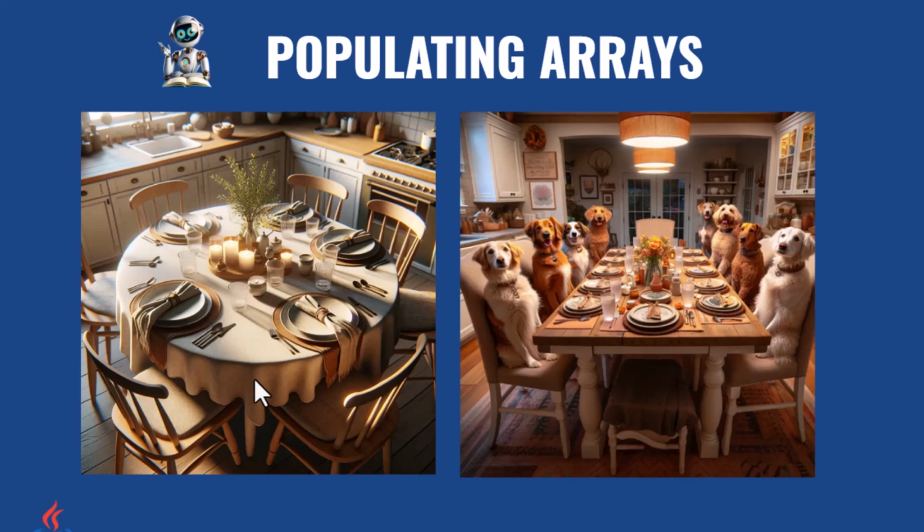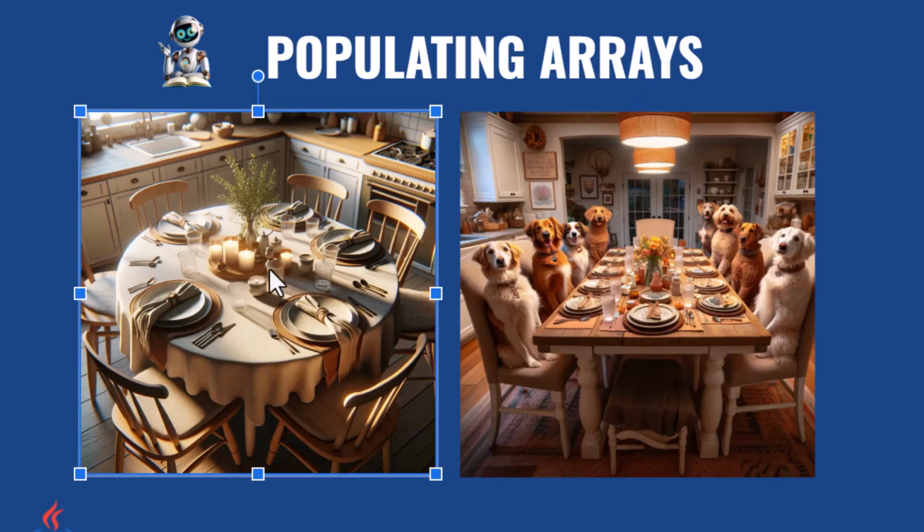So we can't add another seat, and we can't take away a seat. We can change the values at each position, but we can't add any additional places. Now, on the other side, this is like creating an array with the seats already populated. And so this will be method 2.